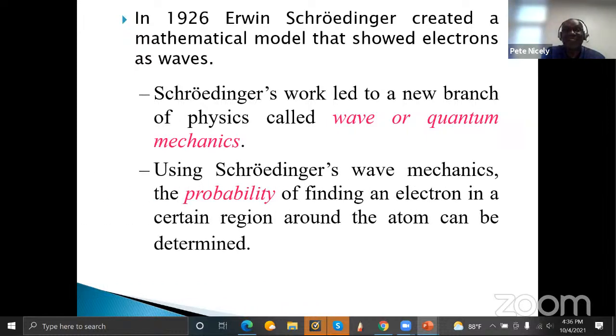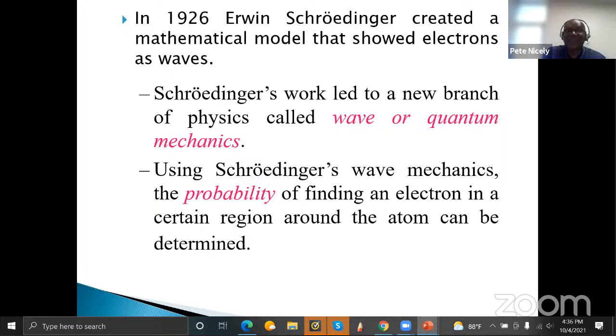Based on his calculations, instead of talking about an electron being located within a particular orbit, which is what Bohr suggested, he came up with an approach where electrons are located in a region around an atom, and that region is called an orbital. So the modern version of how electrons are arranged in the atom is that they're not arranged in orbits.